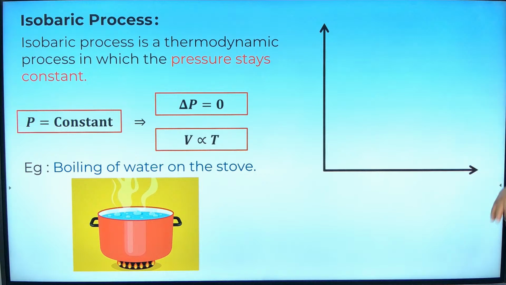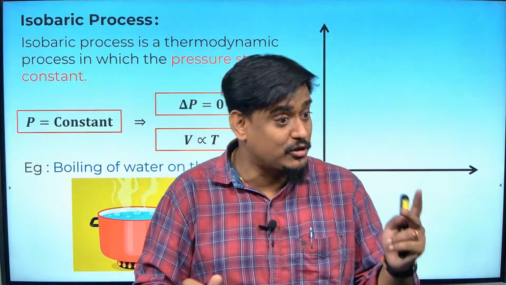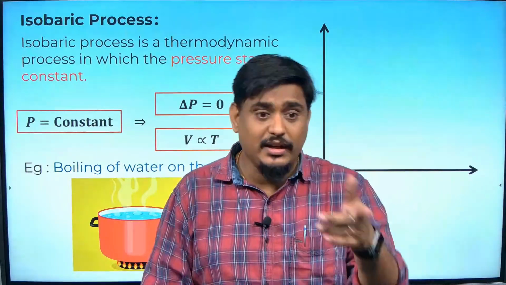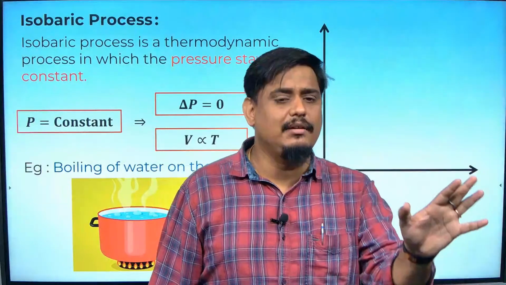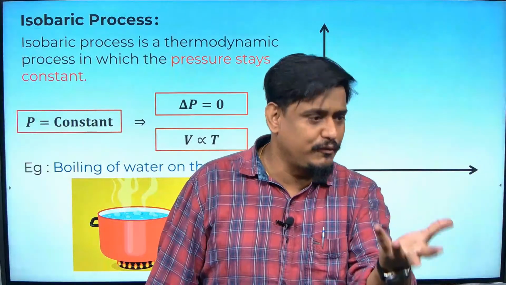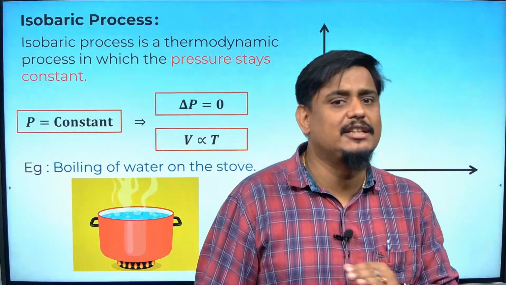And we are allowing the exchange of heat between system and surrounding, pressure is getting balanced. There is no pressure changing or increasing, nothing is happening. So normal boiling of water or cooking of food in an open container, not a pressure cooker. If it becomes a pressure cooker, then things will change. But in normal cooking, what you are doing, that is heat supply and cooking the food, it is a basic example of isobaric process, where the pressure is not changed.